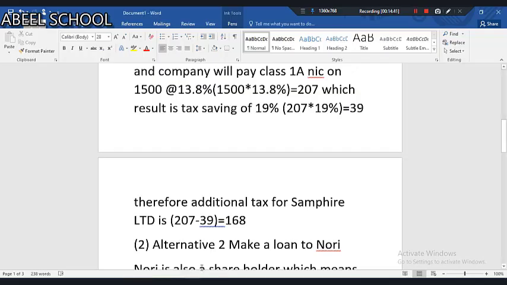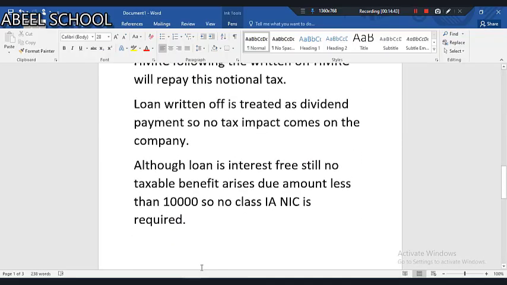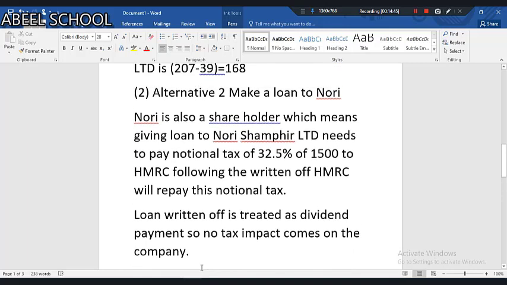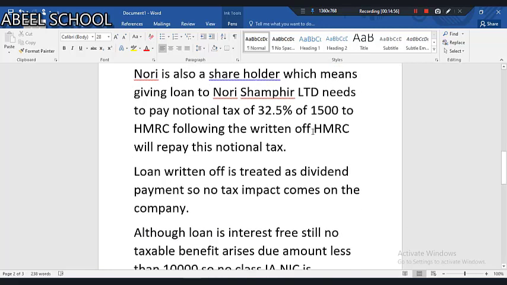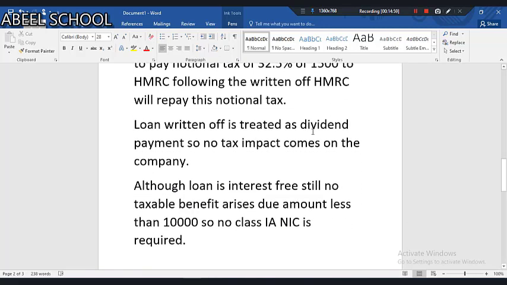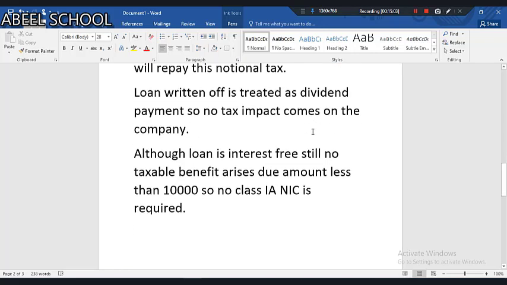So again, the drafting is already done to save time. Alternative 2, make a loan to Noori. Noori is also a shareholder, which means that in giving a loan to Noori, Samphire Limited needs to pay notional tax of 32.5% of 1,500 to HMRC. Following the write-off, HMRC will refund this notional tax. The loan written off is treated as a dividend payment, so no tax impact on the company.